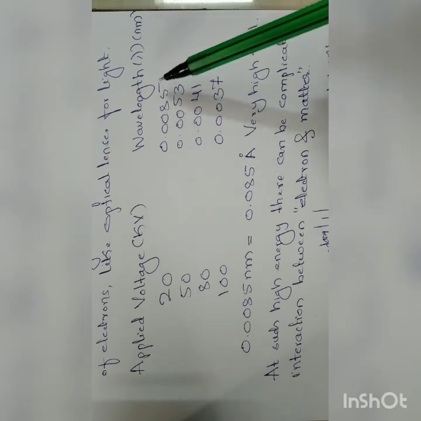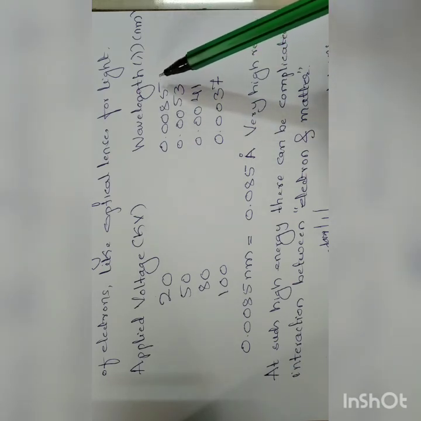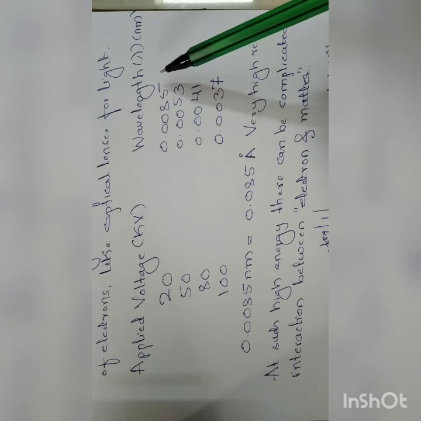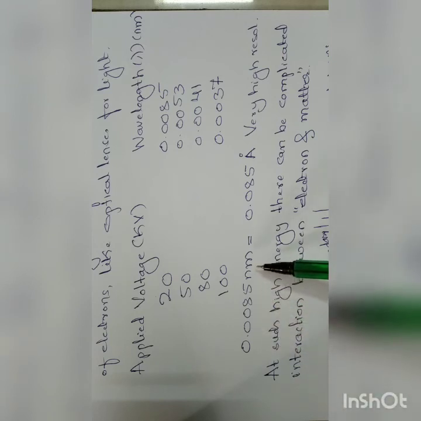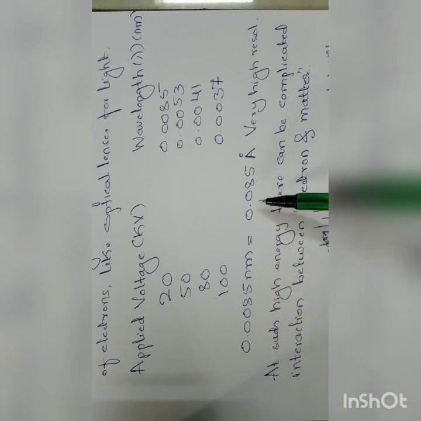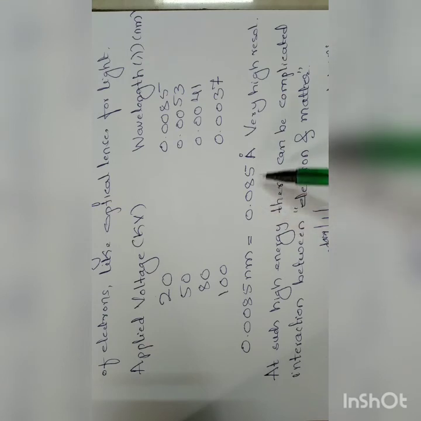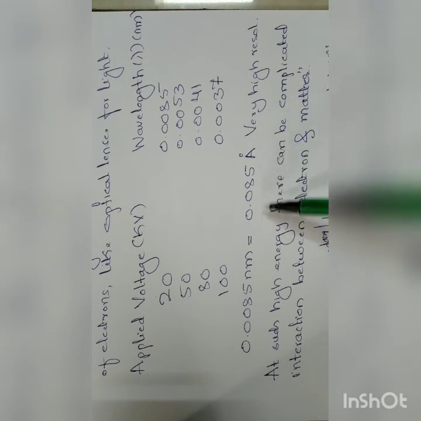Taking the first one, 20 kilovolts, the wavelength is 0.0085 nanometer. If I convert that to angstrom, it is 0.085 angstrom, an extremely small wavelength.